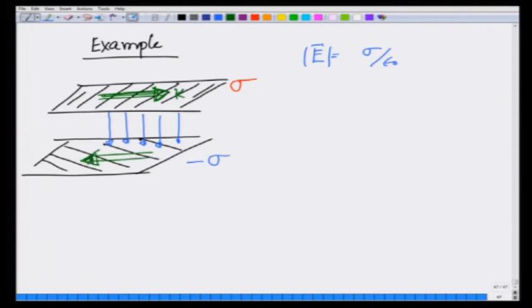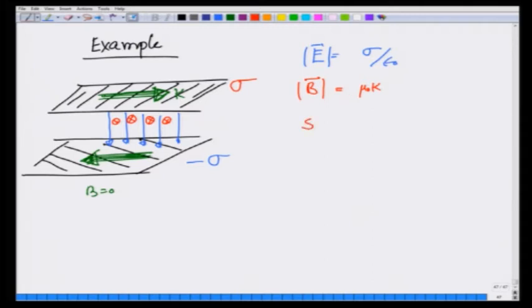Then by applying Ampere's law, you can easily figure out that B outside will be 0 and B inside is going to be into this screen, and its magnitude is going to be K mu 0.